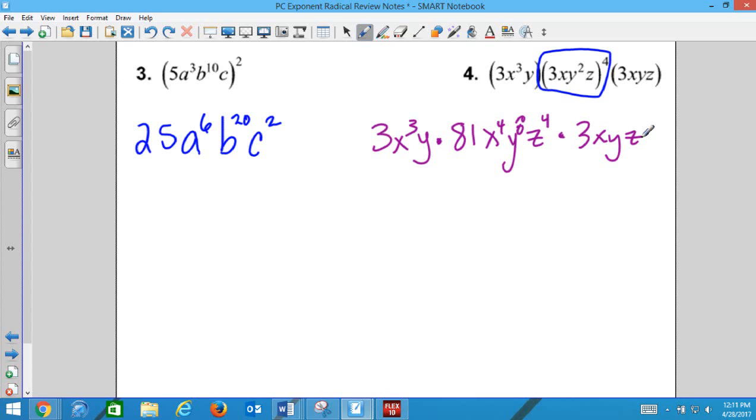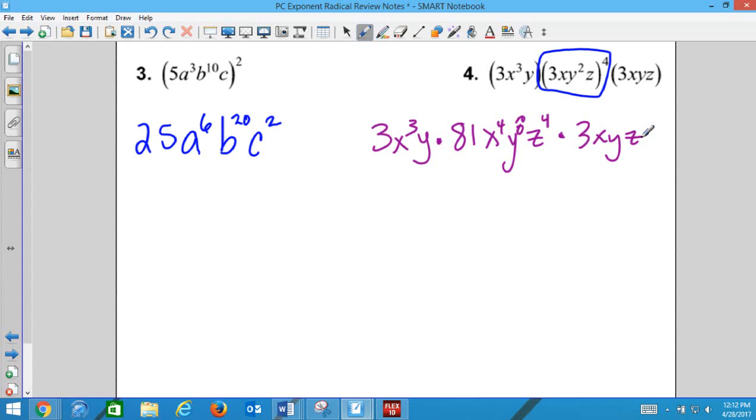Now it's multiplication. And there's no addition, there's no subtraction, so it's just straight. Put everything together. It's multiplied all together. So I'm going to multiply the 3, the 81, and the 3. If I'm doing this by hand, I guess I could do 81 times 9 by hand.